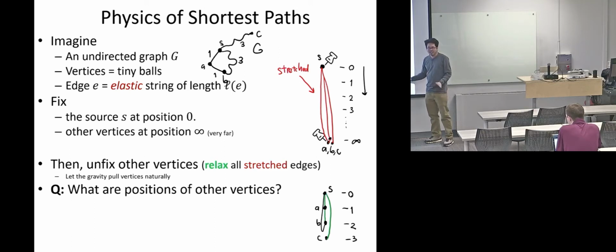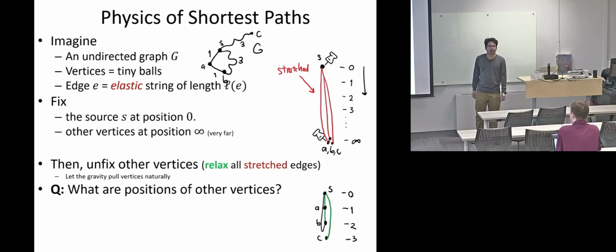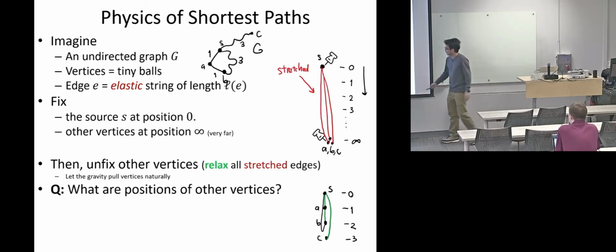Well, it's going to be exactly its distance from the source node. Yeah, it's going to be exactly the distance from the source, right?